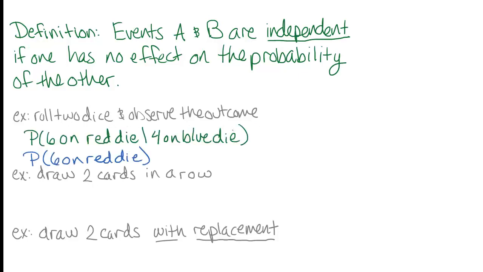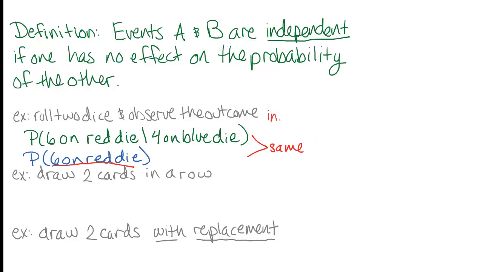So imagine that the two dice we rolled were one was red and one was blue, just to tell them apart. So if I want to know the probability that we get a 6 rolled on the red die, given that there's a 4 on the blue die, well, because these two are independent, the probability of a 6 on a red die is going to be the same no matter what the blue die was.